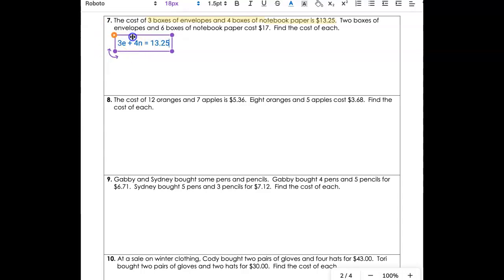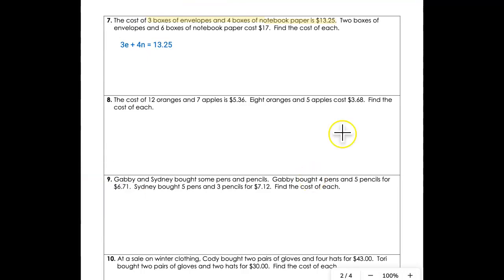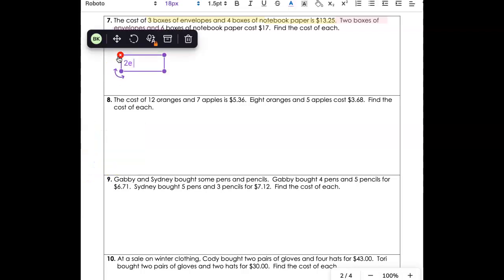So there's my first equation. My second one comes from that second sentence. 2 boxes of envelopes, so that'll be 2E, and 6 boxes of notebook paper cost $17.